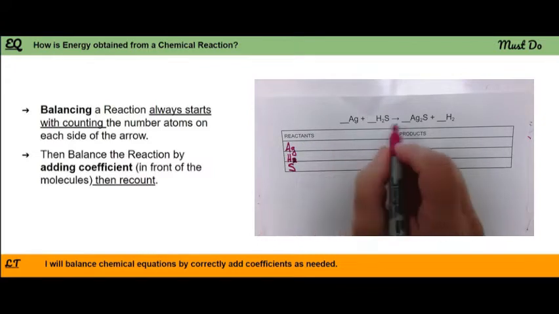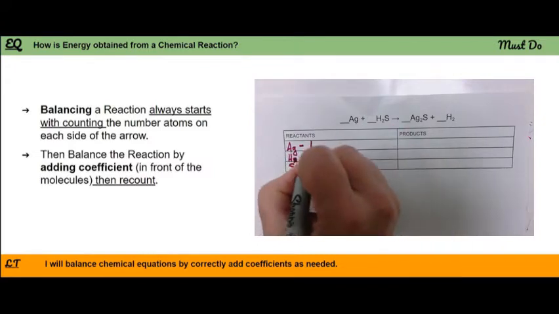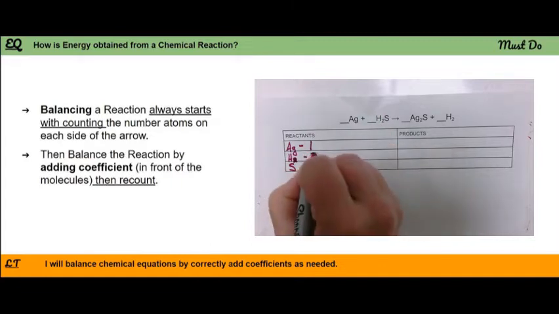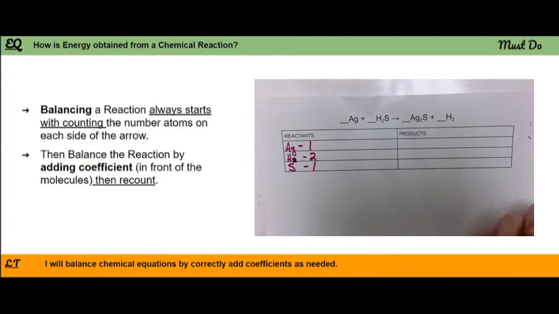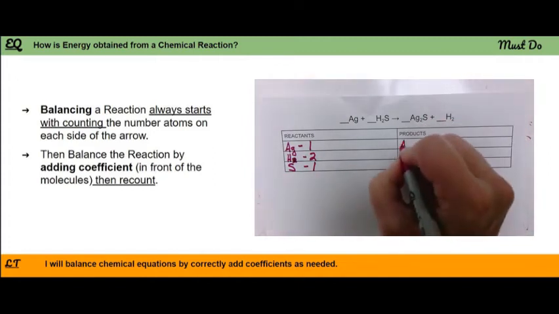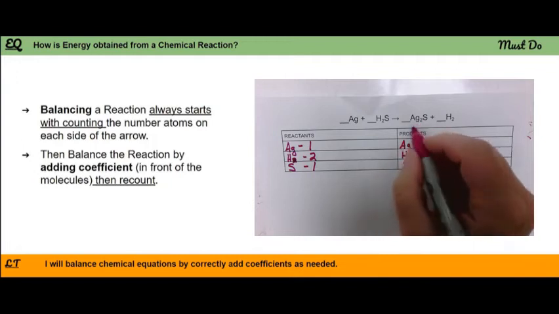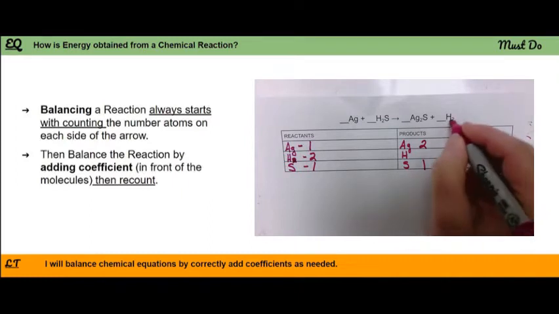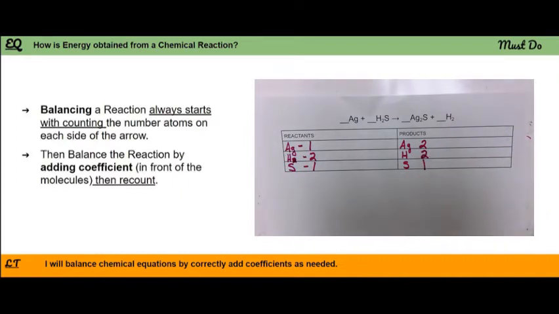Okay, so on this side, I have 1 silver, 2 hydrogens, and 1 sulfur. Okay, on this side, we have the same elements, but we have 2 silvers, 1 sulfur, and 2 hydrogens.